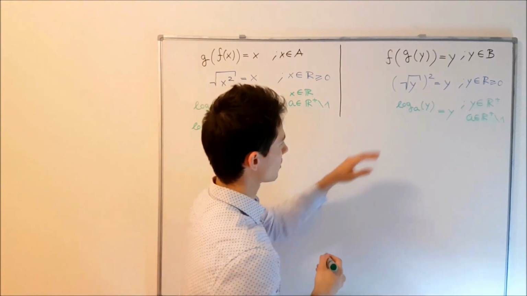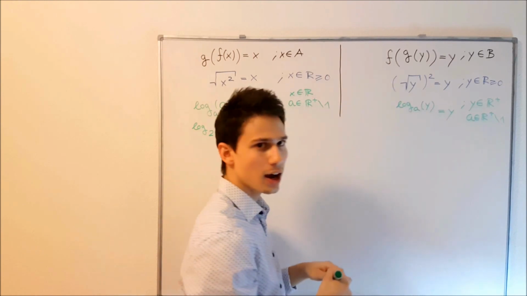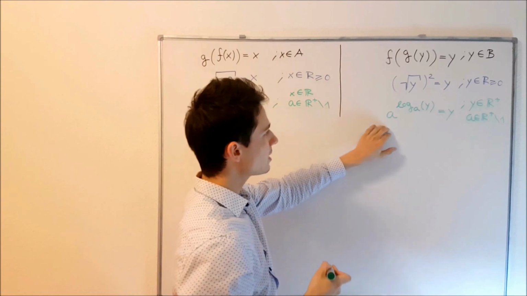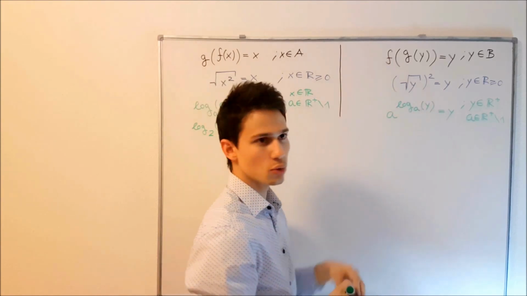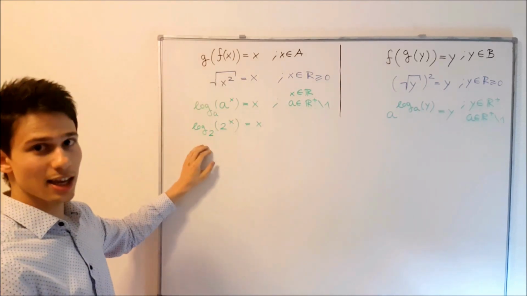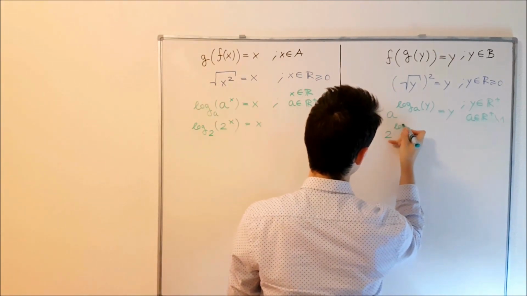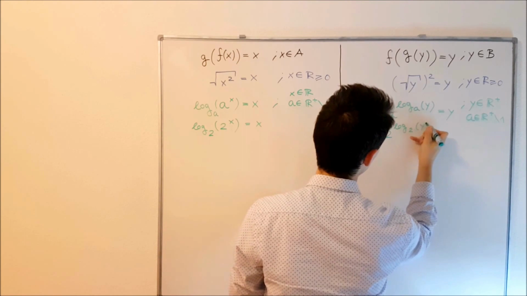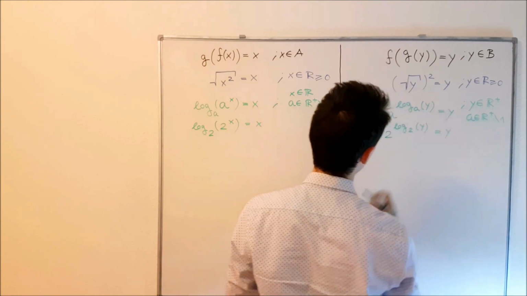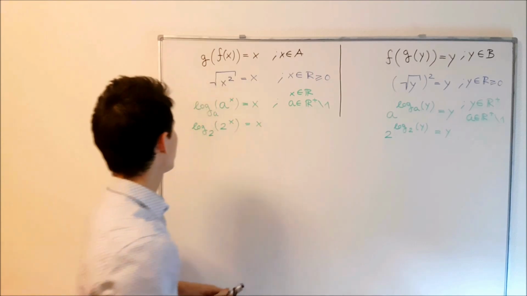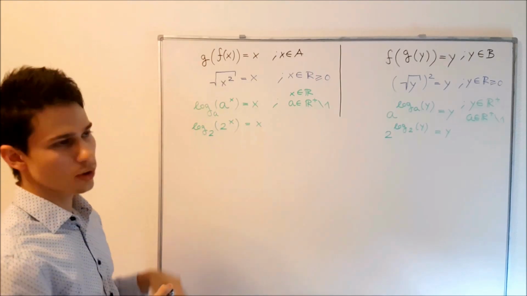So if you take the log to this base a of y into the exponent of a, it will take you back to the argument y. Let's try this same example, and you would see that 2 to the log to the base 2 of y is equal to y.